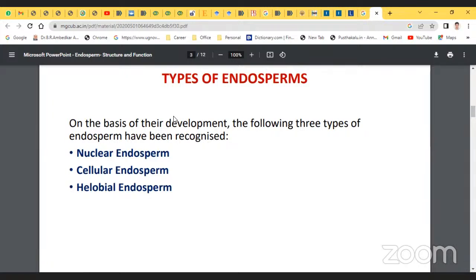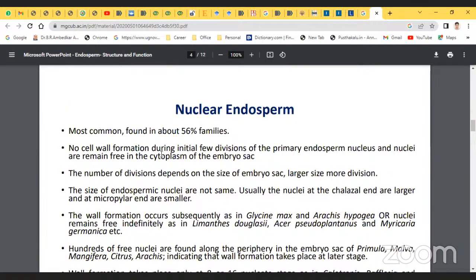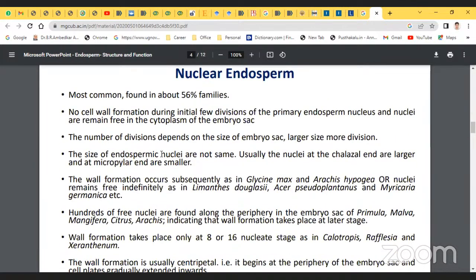Next, we go for nuclear endosperm. Already we discussed that it is the most common, found in about 56% of the families. Here there is no cell wall formation during the initial few divisions of the primary endosperm nucleus, and the nuclei remain free in the cytoplasm of the embryo sac.